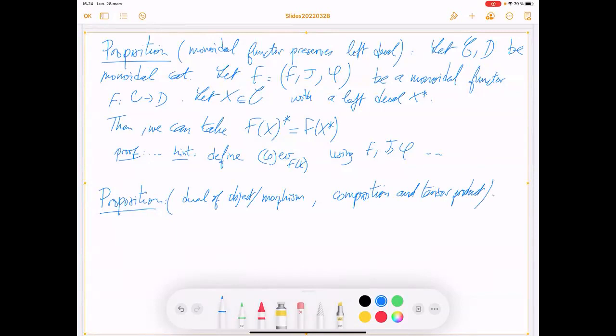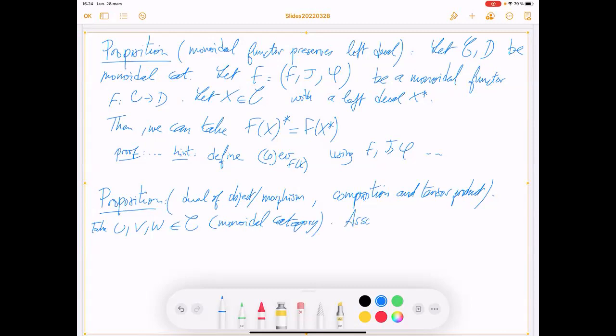So take U, V, W in C, a monoidal category.